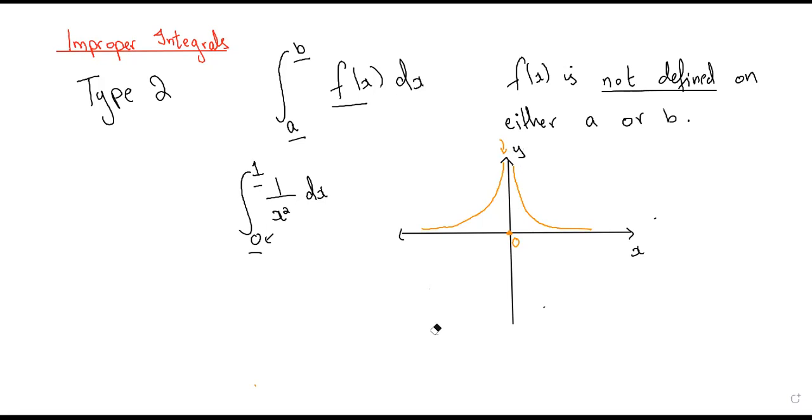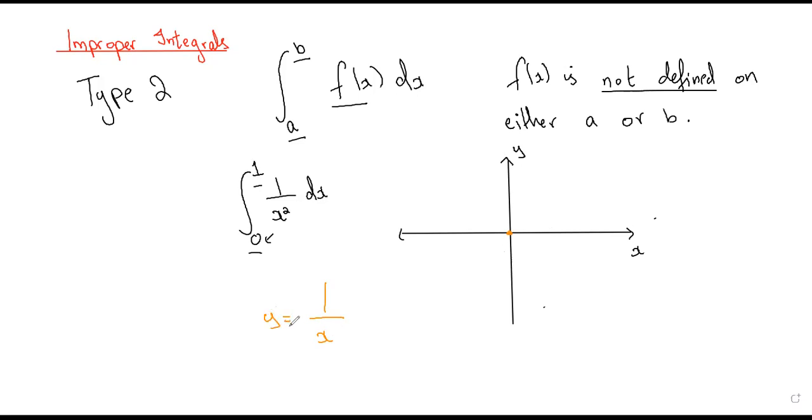Now let's talk about 1 over x, this time simple 1 over x. What is the shape of the graph in this case?